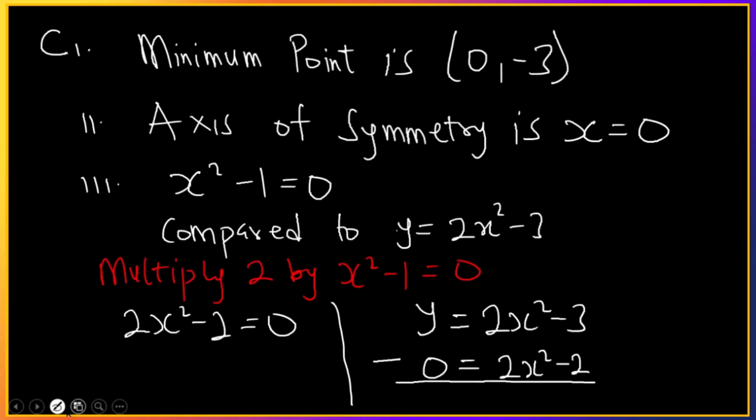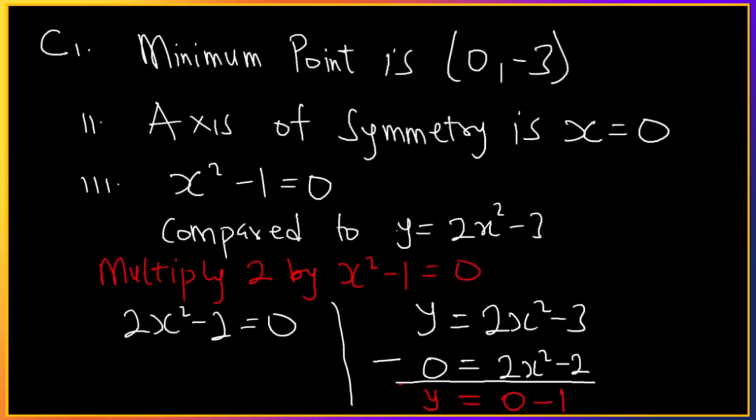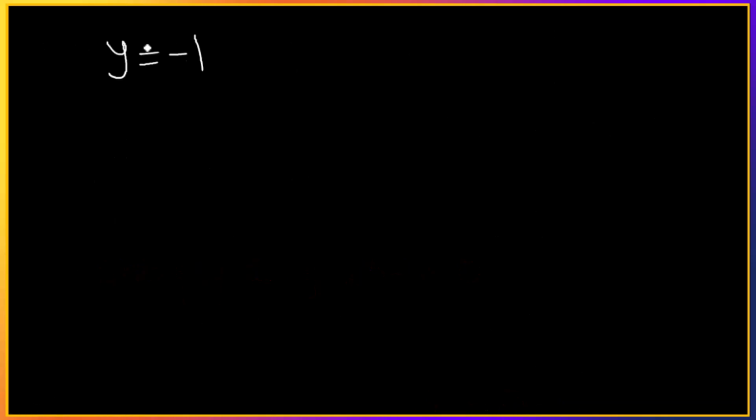Let's compare: y minus 0 is y, 2x squared minus 2x squared is 0, minus 3 minus minus 2 gives minus 1. So this is what we are getting: y equals minus 1, and y equals minus 1 should be plotted on the graph.